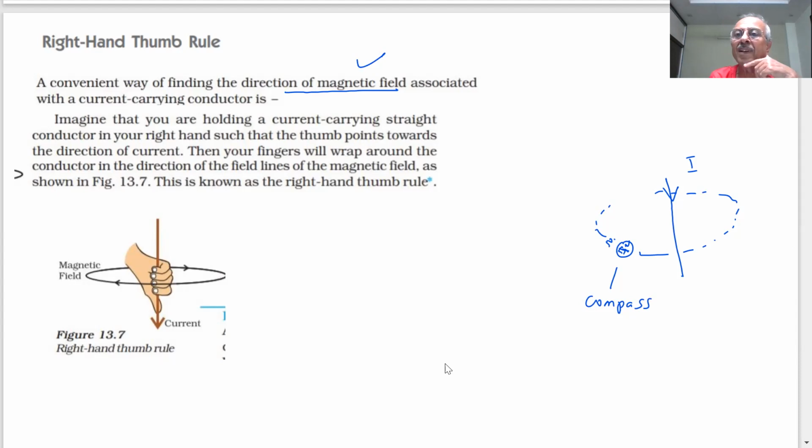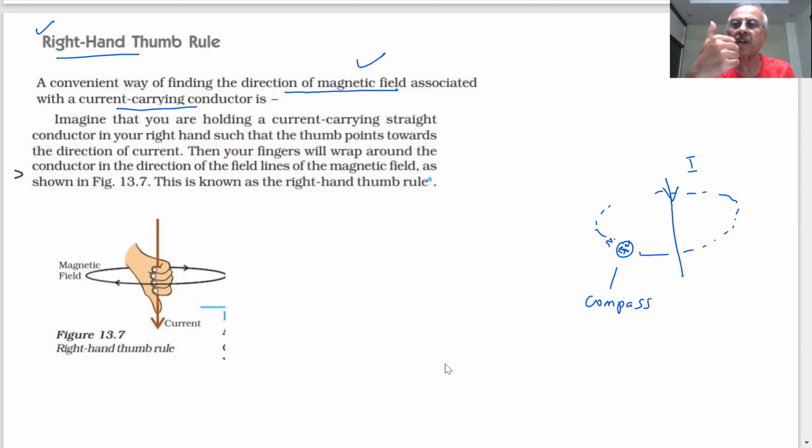Now a rule has been given, called the right hand rule, to find the direction of the magnetic field associated with a current carrying conductor. See, this is my right hand.